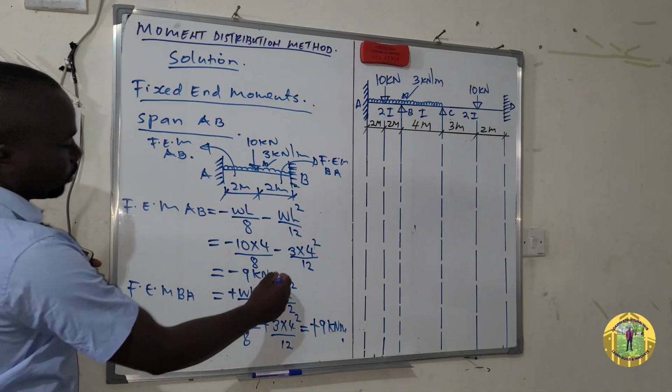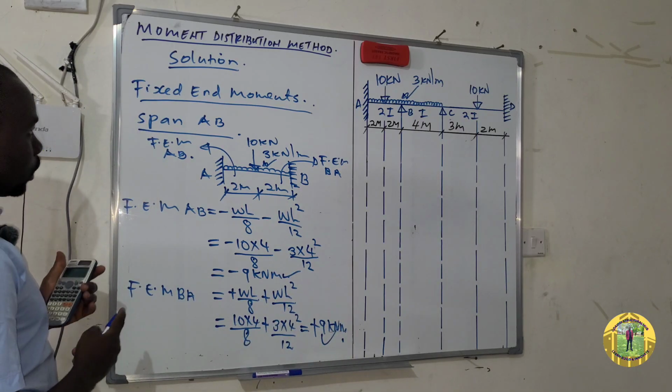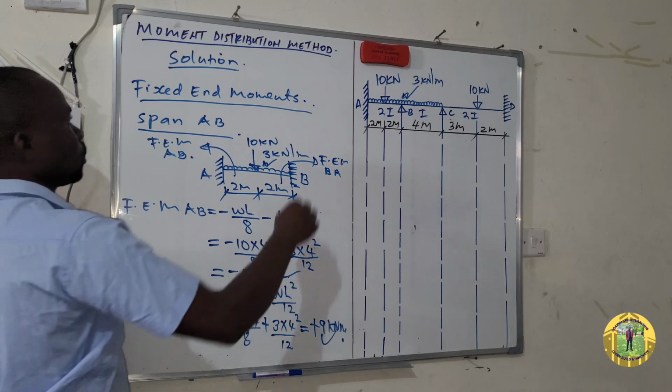Write this somewhere because we'll use them in the distribution table. So we proceed.